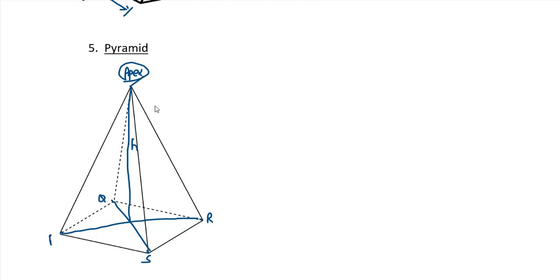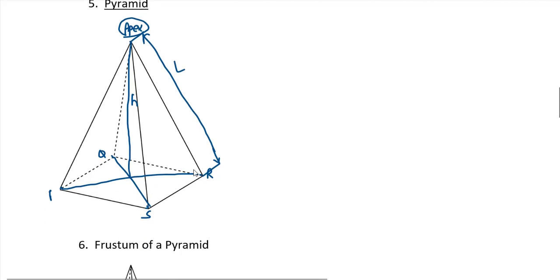And if we measure the slant length, this will be different from the vertical height. It will be slightly more than the vertical height. Let us call this the slant length L. For our calculation, we will consider this base as a rectangle with dimensions, let's say, x and y. This is the base of the pyramid.